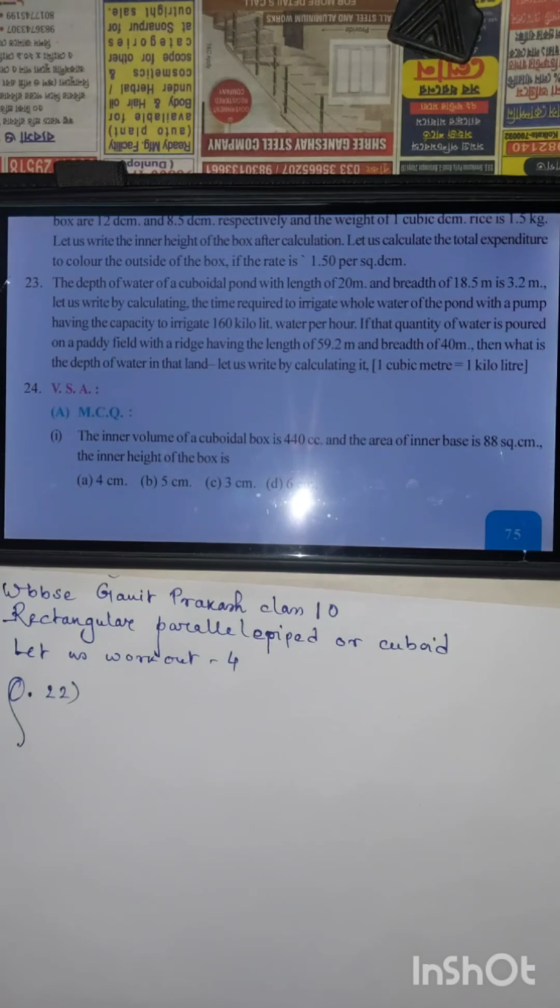If that quantity of water is poured on a paddy field with a ridge having the length of 59.2 meter and breadth 40 meter, then what is the depth of the water in that land? Let us write by calculating it. Where 1 cubic meter is 1 kiloliter.